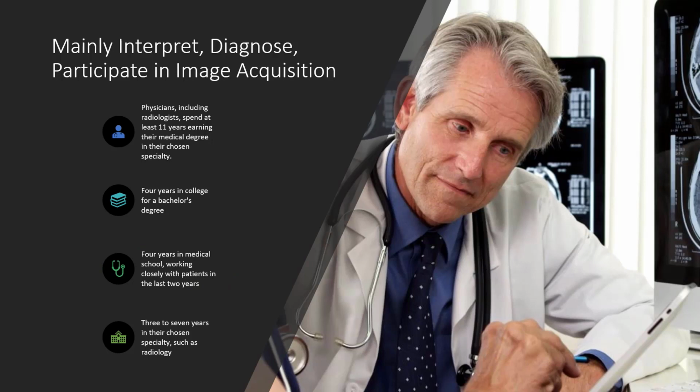And then all physicians spend 3 to 7 years in their chosen specialty, such as radiology. It usually takes about 12 to 14 years for a radiologist to earn their credentials as a diplomate of the Board of American Radiology. After they get their DABR, they can continue their education and work in a specialty area.